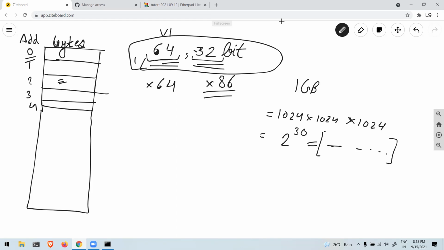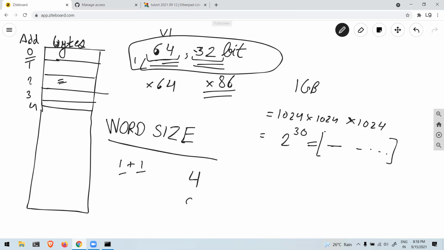But anyway, when you process some data, CPUs typically have a notion of word size. Word size means how many bytes your processor processes at a point of time. For example, if you want to add two numbers, 1 plus 1, what is the biggest number it can handle? Word size can typically be either 4 or 8. 4 means 32 bits, 8 means 64 bits.